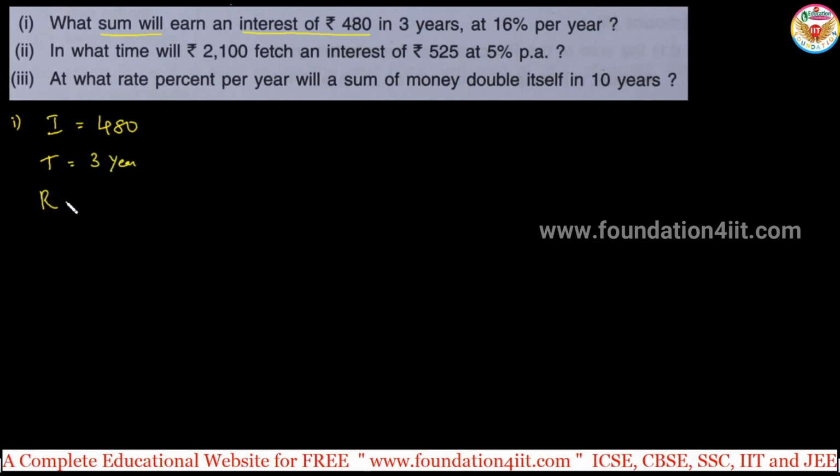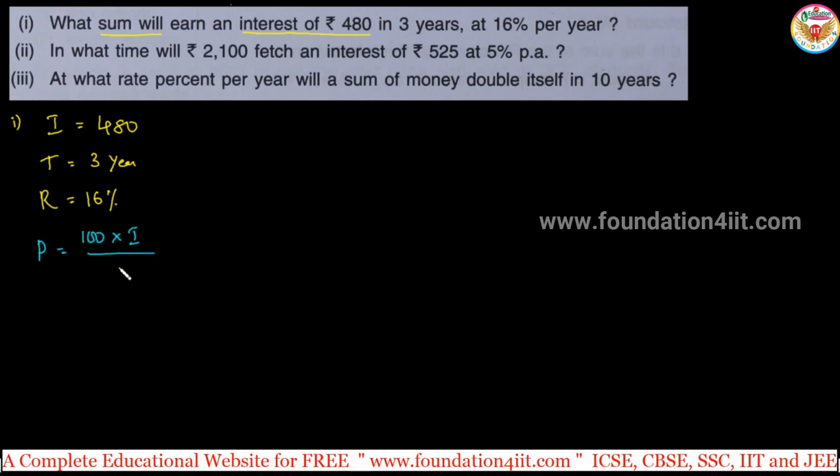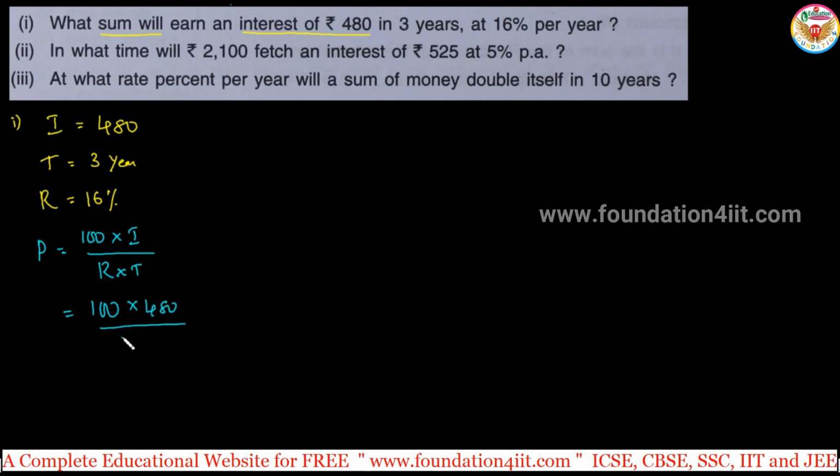Rate of interest is given, R is 16%. So we can calculate directly. Then P is equal to 100 into I by R into T, that formula you apply. So 100 into interest 480 by R 16, time 3 years. 100 into 480, 48,000 by 16 into 3.